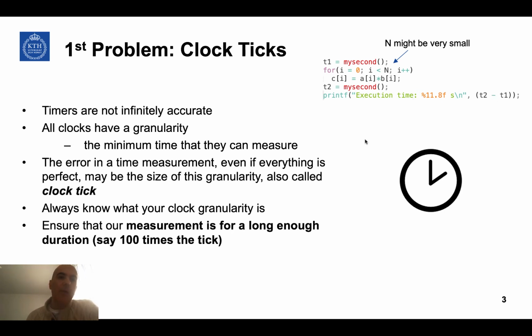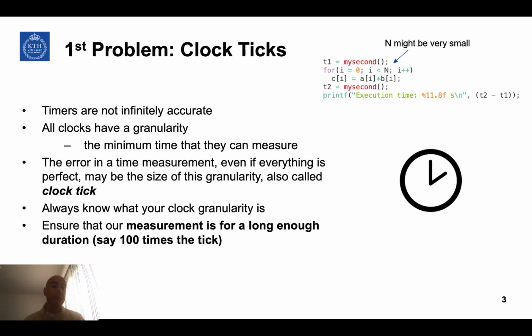So why is that? Well, the problem is that timers are not infinitely accurate. All clocks actually have a granularity, which is the minimum time that they can measure. The error in a time measurement, even if everything goes perfectly, might be the size of this granularity, also called the clock tick.